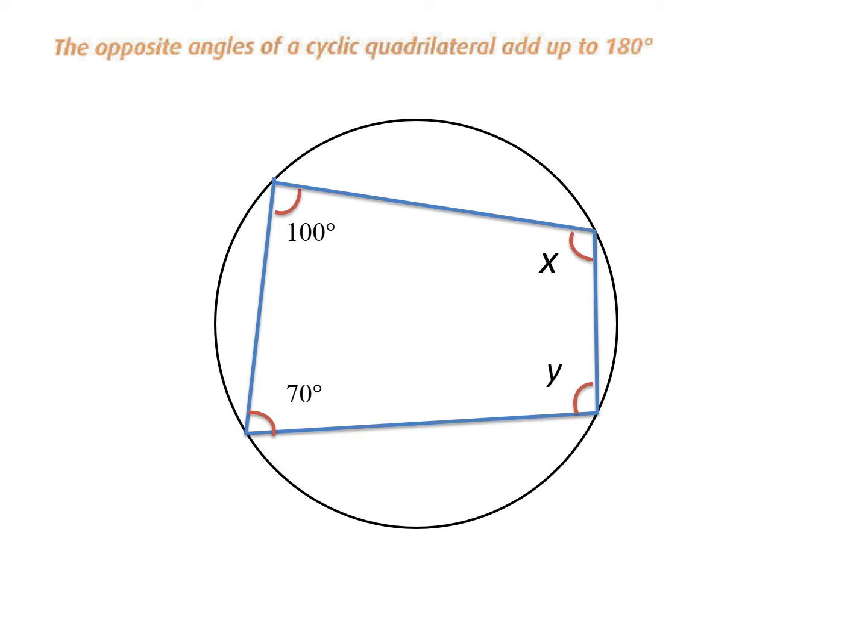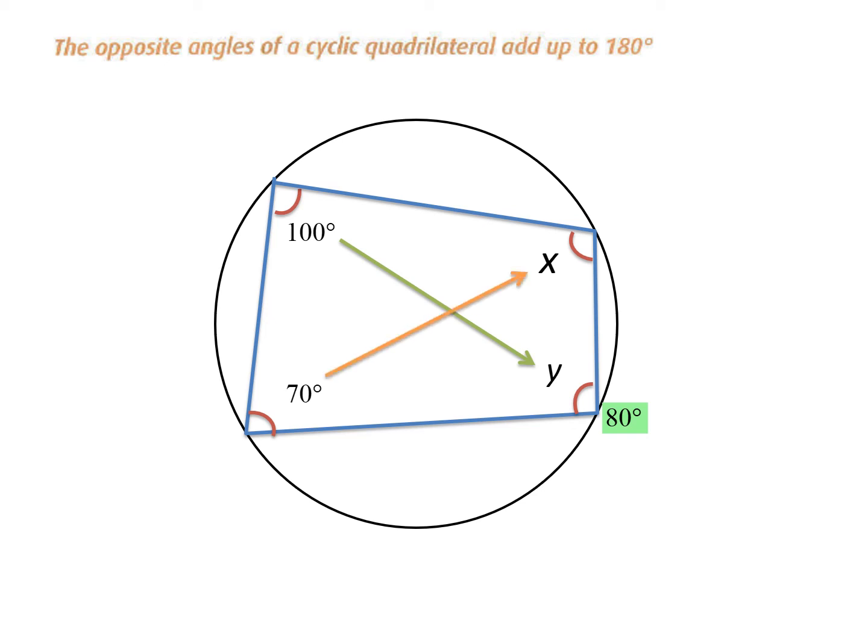We know that the total sum is always 360 degrees. However, there is a connection between the two angles which are opposite to each other. So the 100 degree and the y actually will total up to become 180. So the value of y should be 80 degrees.